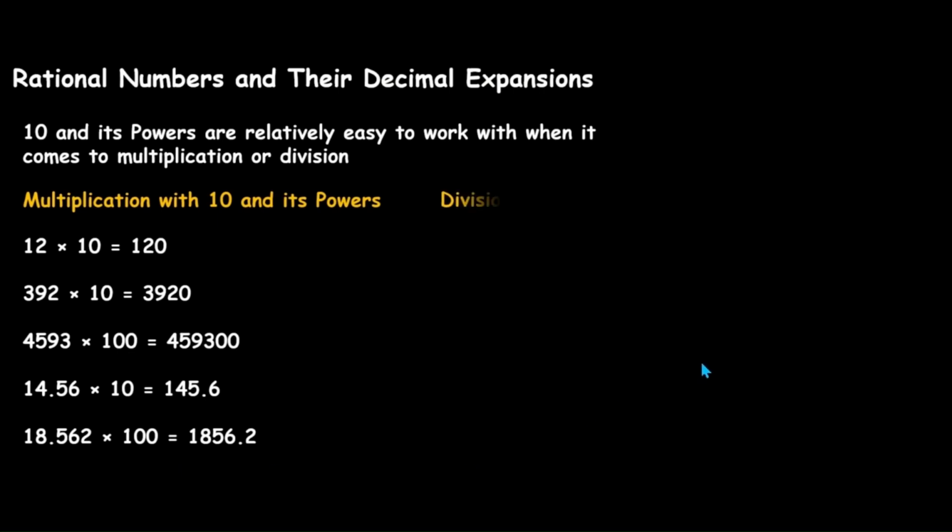Now let's see some examples of division with 10 and its powers. Again, picking up 12, 12 divided by 10 will give us 1.2. Here also we don't need to do the traditional division. We just have to move one digit to the right of the decimal point, as 10 has got only 1 zero.